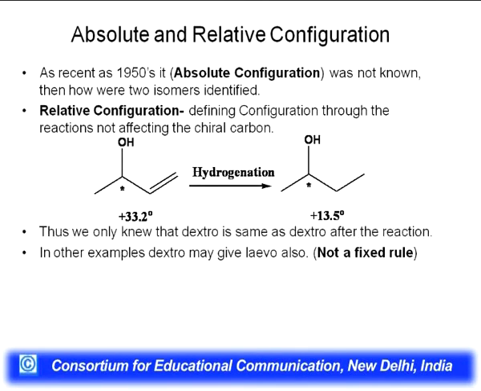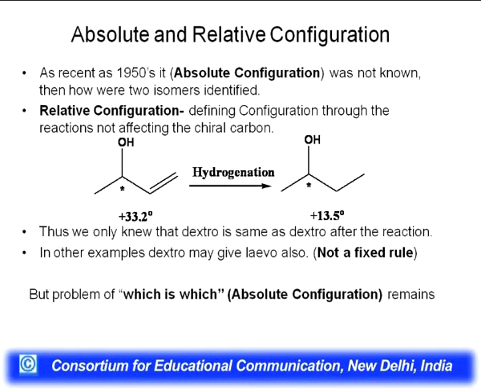Next, this is done, but the problem still persisted. The problem was how to get the absolute configuration of the molecule. Absolute configuration means the geometries, the spatial arrangement I told you at the onset, of the two isomers I drew there, which were optically inactive in the sense that they were mirror images of one another.